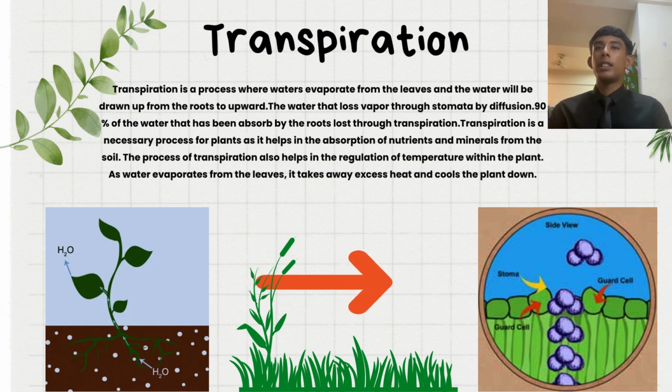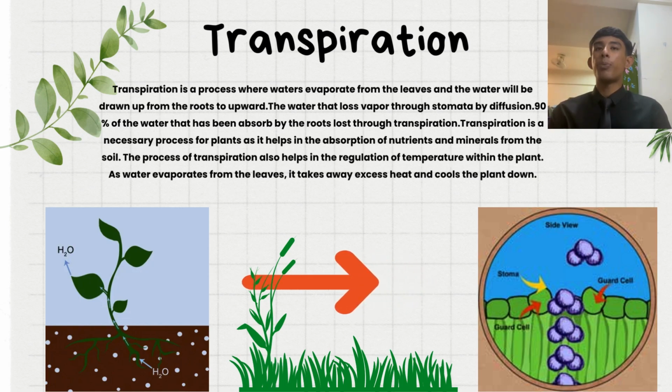Transpiration is a necessary process for plants as it helps in the absorption of nutrients and minerals from the soil. The process of transpiration also helps in the regulation of temperature within the plant.